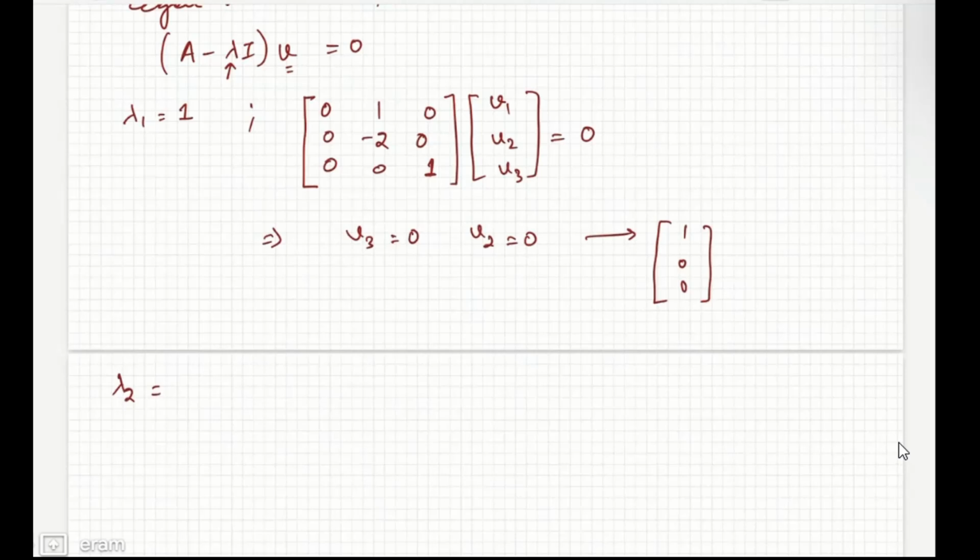Next, what will be for lambda equals to minus 1? For lambda equals to minus 1, we get A minus lambda I as 2 1 0, 0 0 0, and 0 0 3.